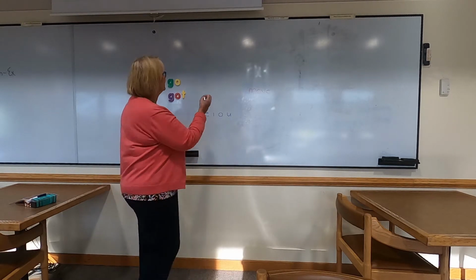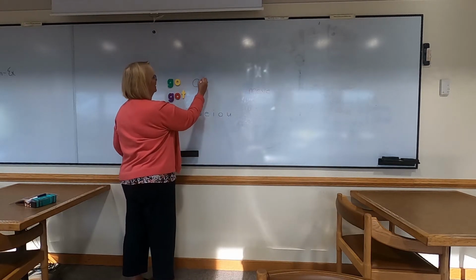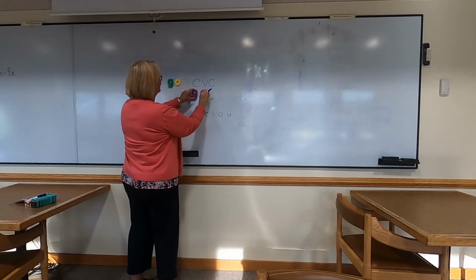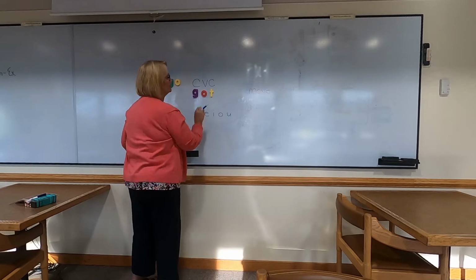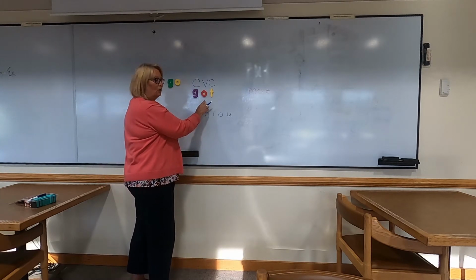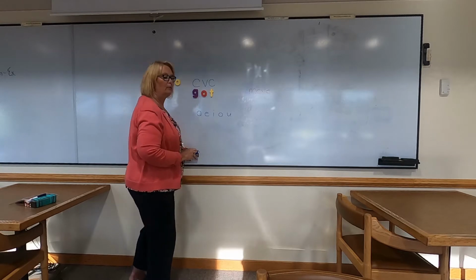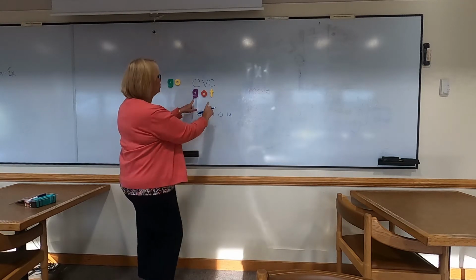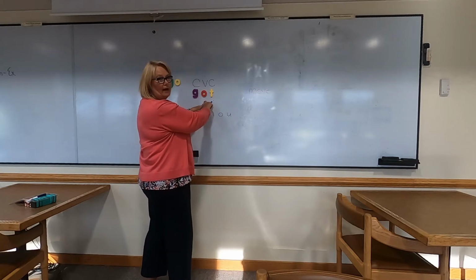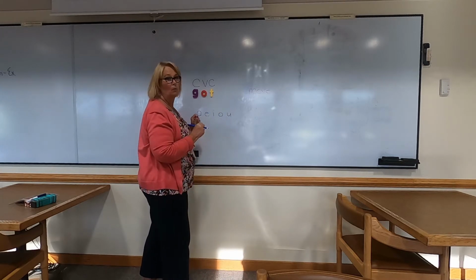We've talked about the CVC pattern as consonant, vowel, consonant. And this is an example of a CVC pattern. We have a consonant, vowel, and a consonant. And remember what we said, when we have two consonants that are closing in the vowel, the vowel won't say its name.